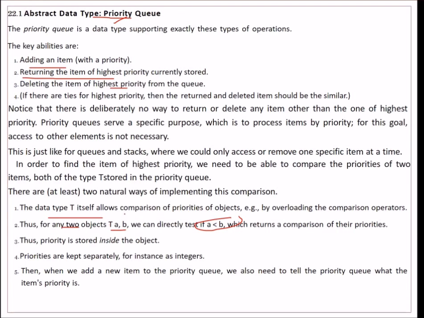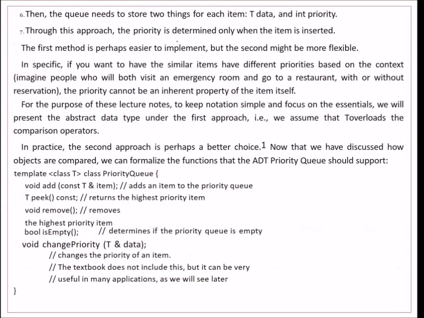But there is another option also. We can add a new item in the priority queue, and we'll tell the priority queue what the item's priority is, and the priority will be kept separately, in the form of, say, an integer. So the queue needs to store two things for each item, that is, the data and the priority.